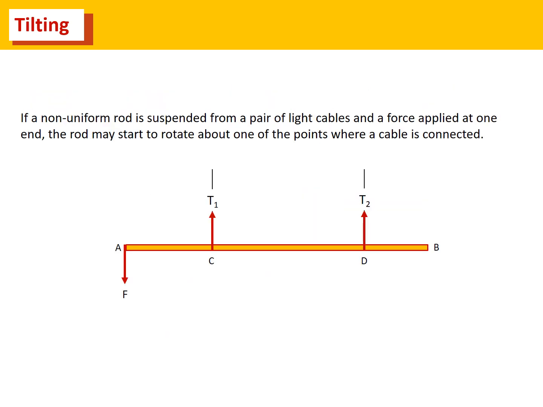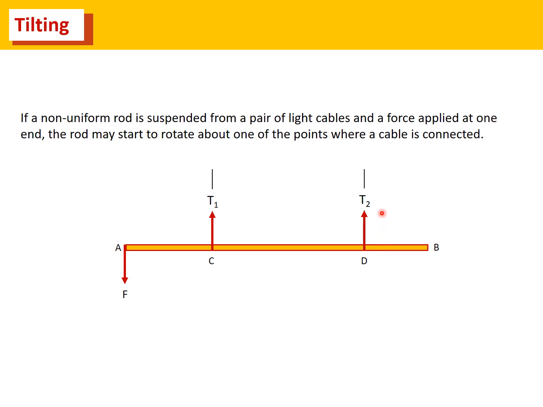In our second situation, we've got a rod which is hanging by two wires. And as we've seen in a previous moments video, those two wires give rise to two tensions, which are called T1 and T2. And if we apply a downward force F here at A, what you will see is the rod rotate about point C. So this end will raise upwards.